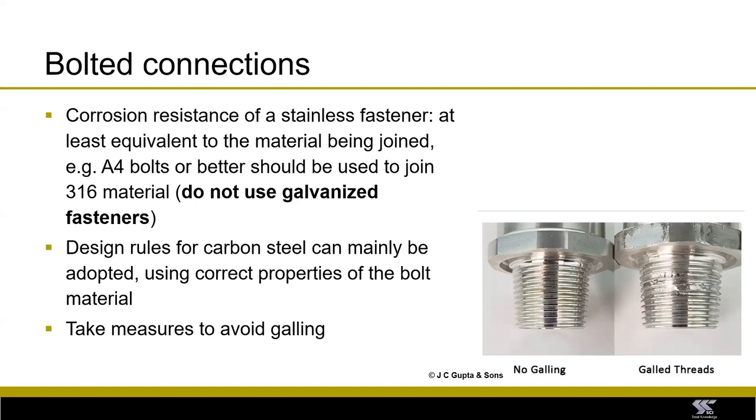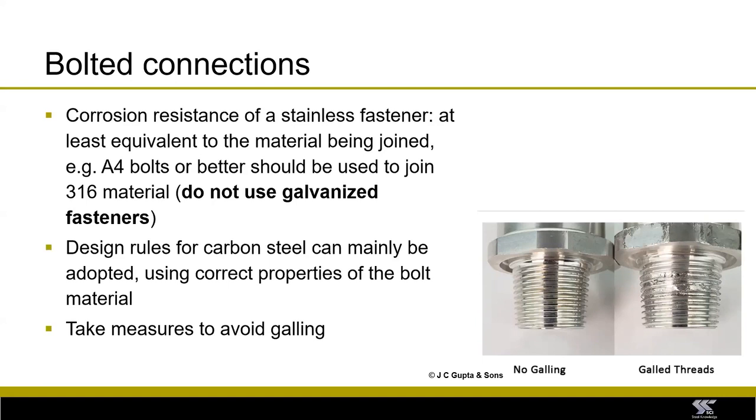So you should use A4 bolts or better to join 316 material, and it's important not to use galvanized steel fasteners because their corrosion resistance is not equivalent to A4. Generally, design rules are the same for carbon steel and stainless steel bolted connections. There's one exception I'm going to tell you about on the next slide.